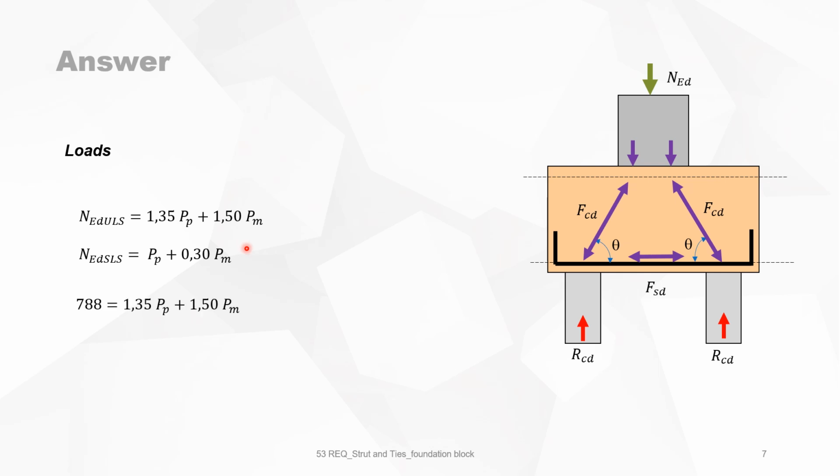But we have now calculated that this reinforcement can take 788 in ULS and 506 kilonewton in SLS. Now we have an equation, and from this equation we can calculate the characteristic value of the mobile load, which is 96 kilonewton, and the permanent load 477 kilonewton.